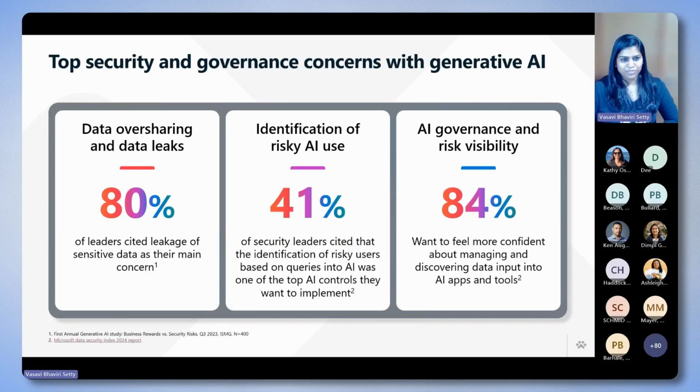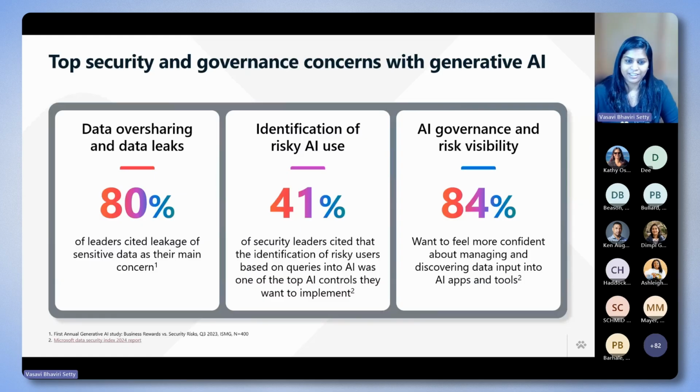Perfect. So we did hear a lot of great insights from the poll results. And of course, we are not alone in this journey. If you see the results from the first annual generative AI study, even there, leaders cite that oversharing and leaks of sensitive data is their biggest concern.